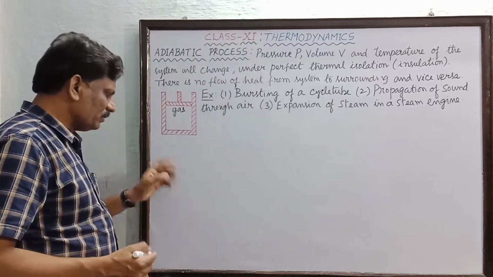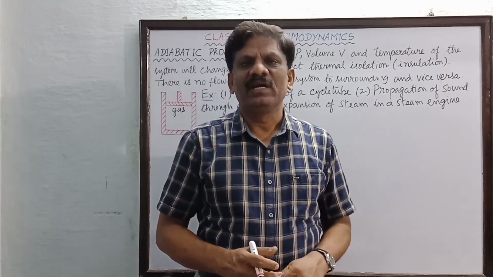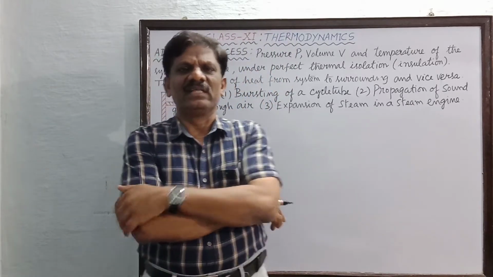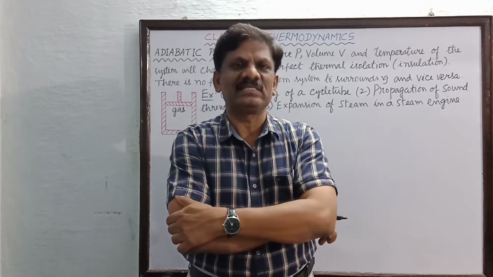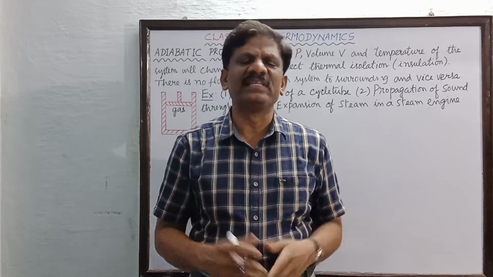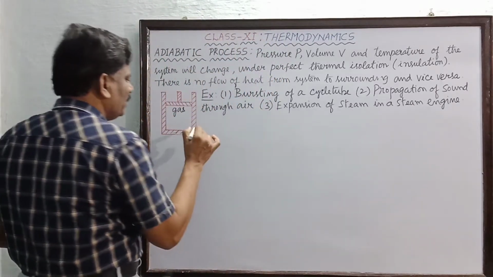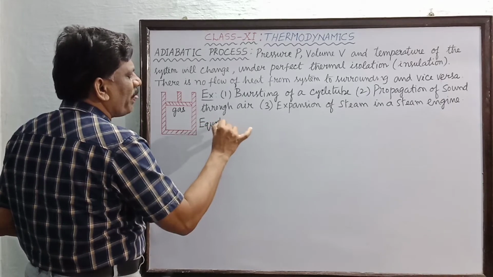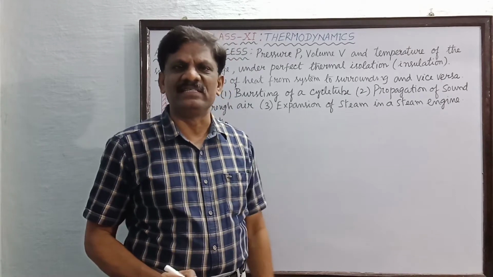Okay students, now the pressure, volume and temperature of a gas are generally called thermodynamic variables. They are called state variables. The relationship between the state variables is called the equation of state. For the isothermal process we wrote PV is equal to constant, is it not?